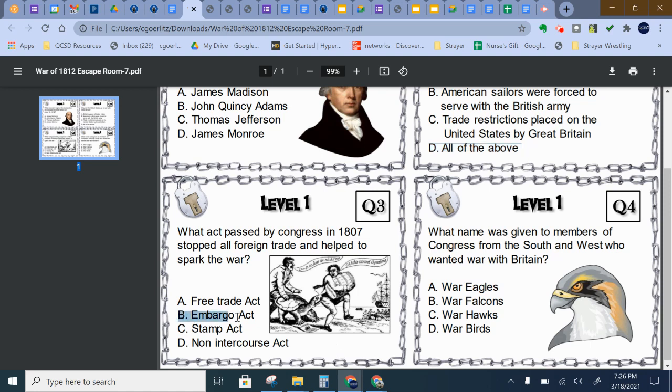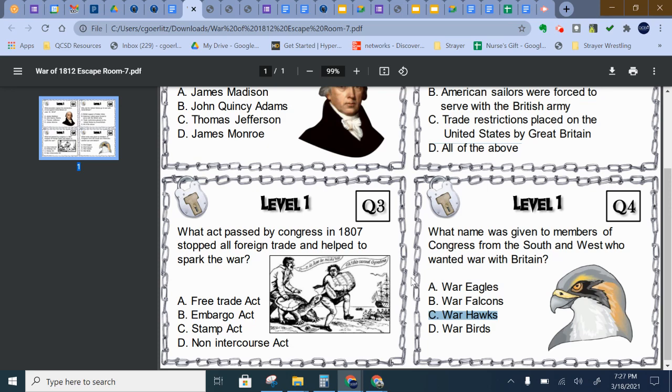It is B, Embargo Act. Question 4, level 1. What name was given to members of Congress from the South and West who wanted a war with Britain? Was it A, War Eagles, B, War Falcons, C, War Hawks, or D, War Birds? The answer is C, War Hawks.